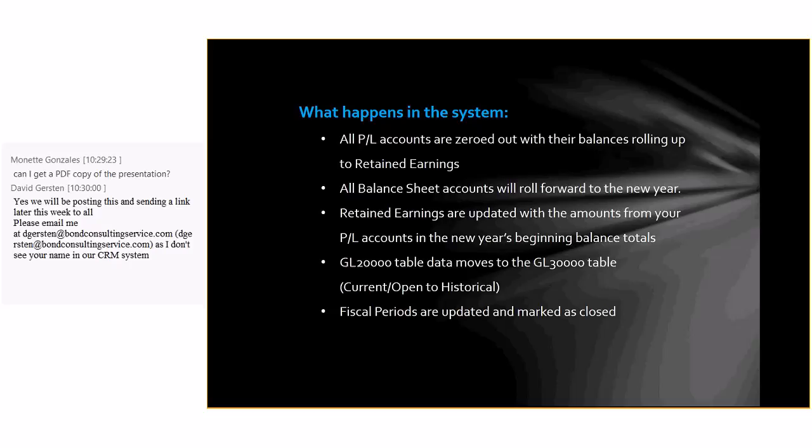At the same time, your GL tables are transferred from open year to historical year, and your fiscal years are updated and marked as closed. If we're running the close today, we would be closing 2015 and opening up balances for 2016.